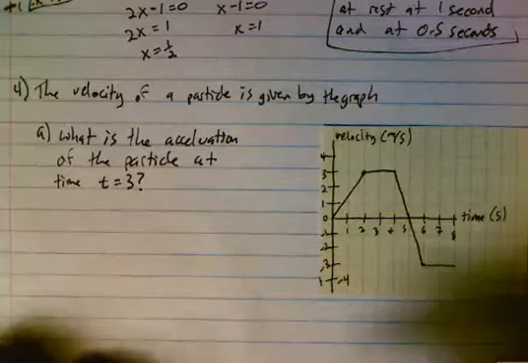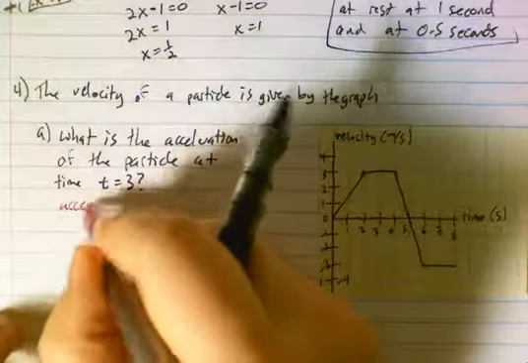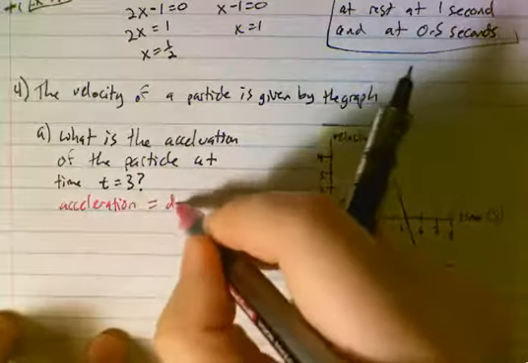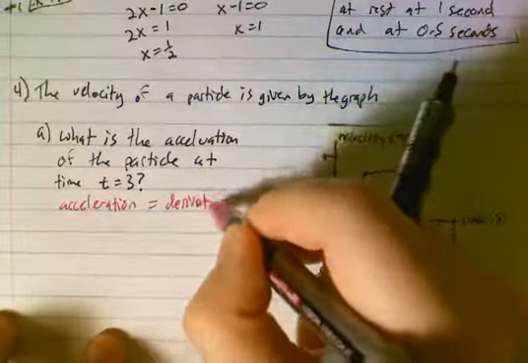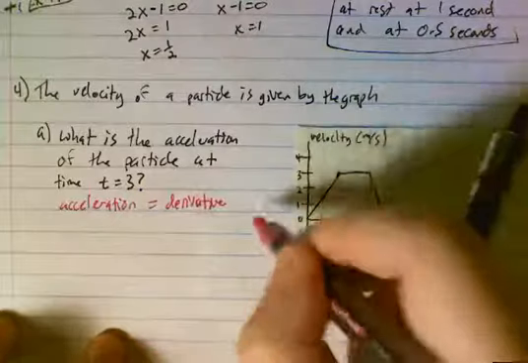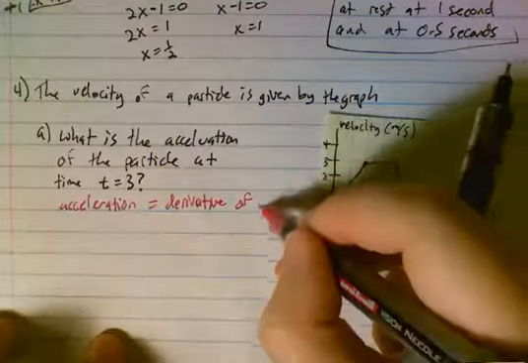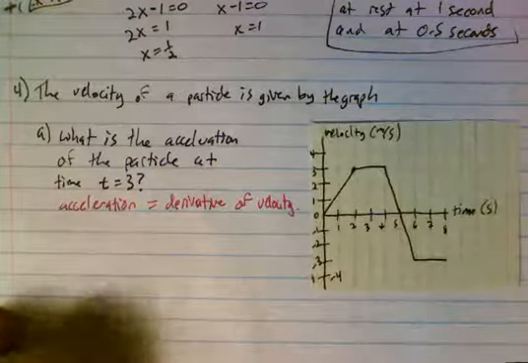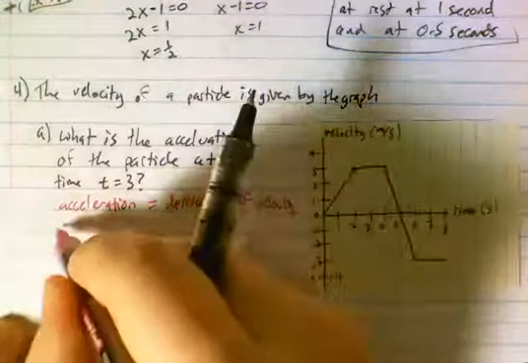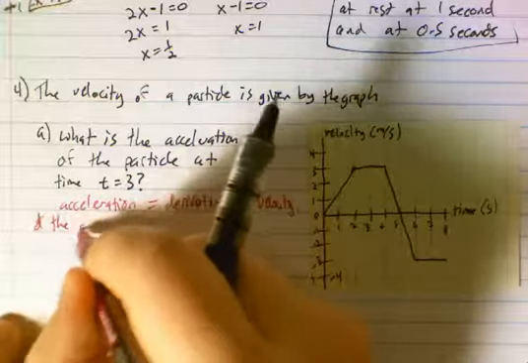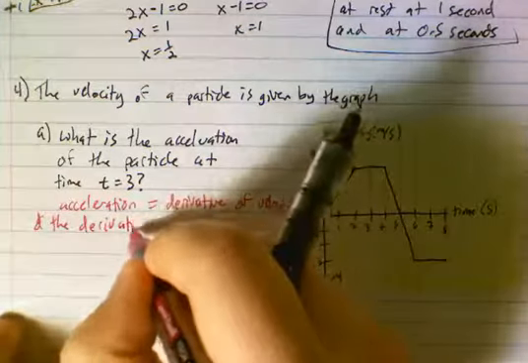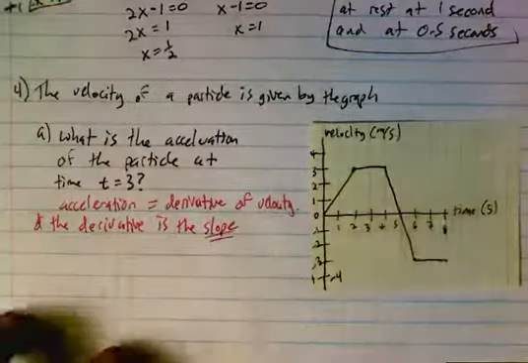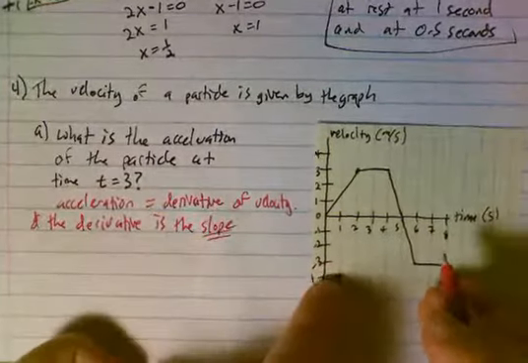So the key things to remember here are that acceleration is the derivative of the velocity, and the derivative is the slope of the curve at that exact point.